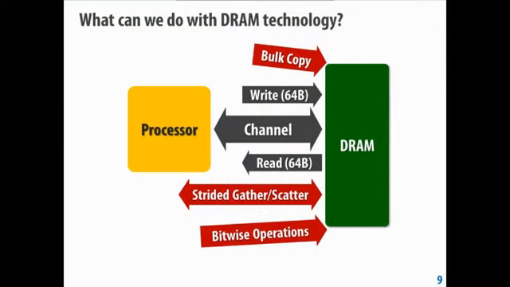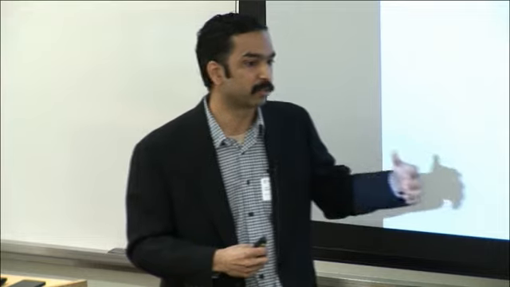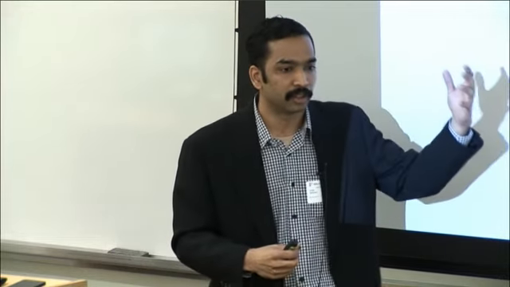So what can we do with DRAM? It all started off with a technique where we showed that DRAM can be used to perform bulk copy operations. And more recently, we have developed techniques where we can use the DRAM architecture to accelerate strided gather-scatter access patterns. And our most recent technique is a mechanism to perform bitwise operations using DRAM technology.